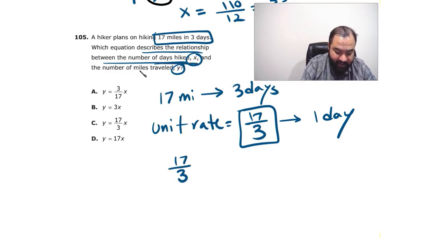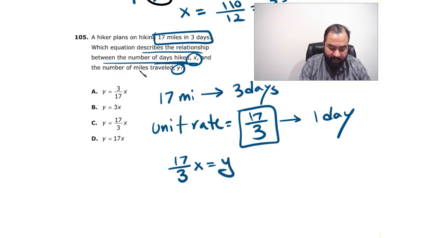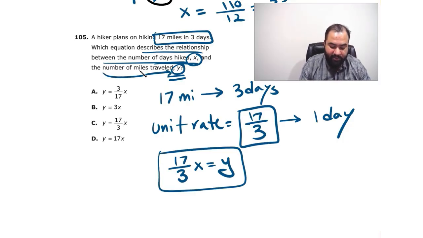Let me ask you this: if 1 day is 17 over 3, 5 days will be 17 over 3 times 5. For 10 days, 17 over 3 times 10. For x days, 17 over 3 times x. And that's the total y, because y represents the number of miles traveled altogether. So y is equal to 17 over 3 times x. That's a.